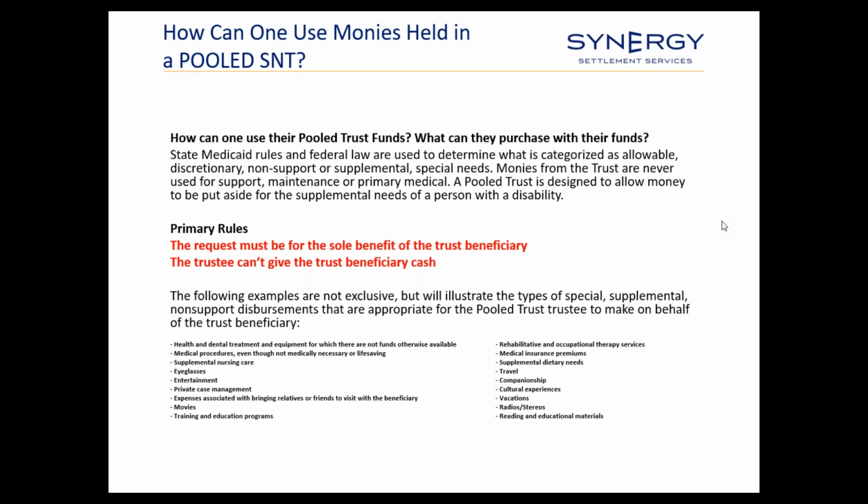And three, is it for the sole benefit of the trust beneficiary? One of the things the trustee can never do is send cash, but typically health and medical, nursing, and anything to do with a client's underlying health maintenance and support are allowable. Cash, payments of rent, utilities, and food are things that would ultimately impact the SSI check for that underlying beneficiary.